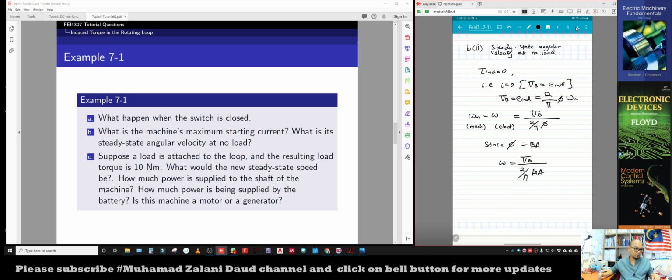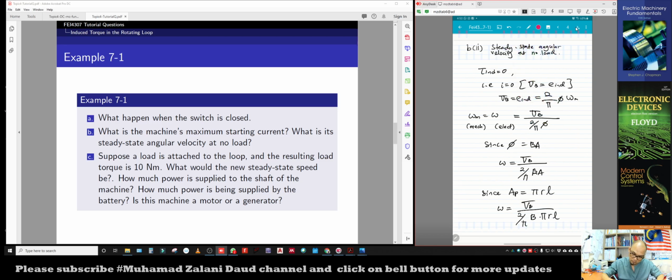Alright, like that. And then we know that since AP equals pi RL, then we can also substitute A now. So rewrite this equation. Omega is VB over 2 over pi. We substitute A as pi RL.